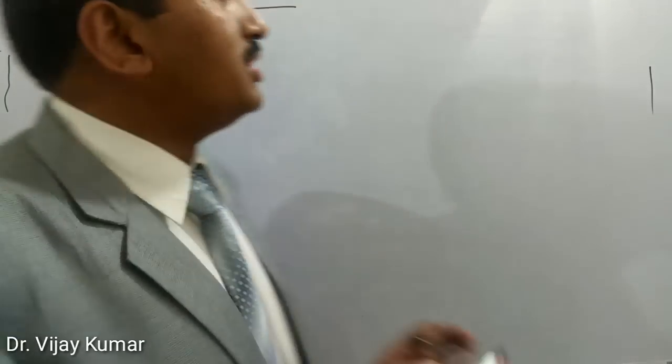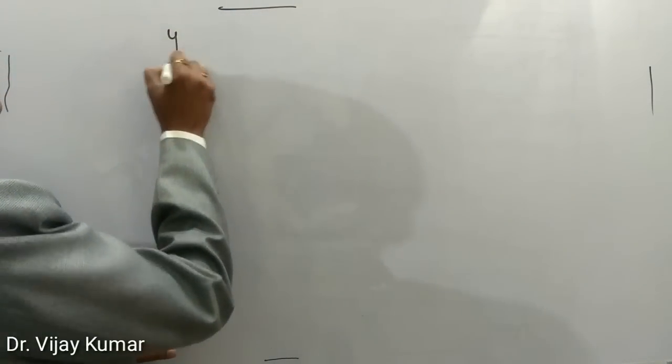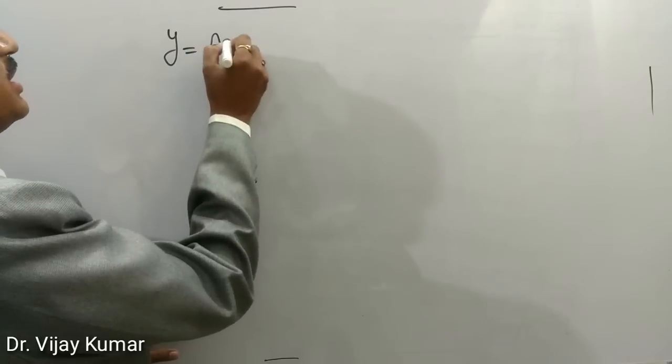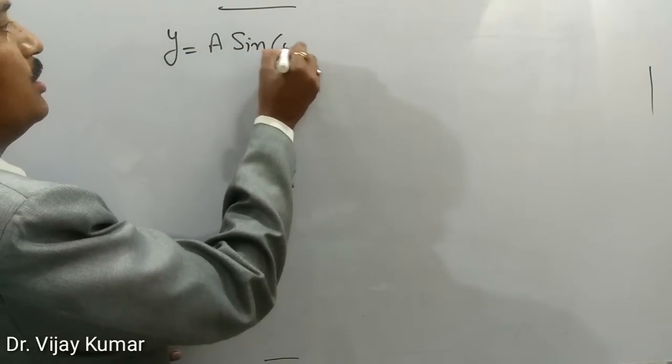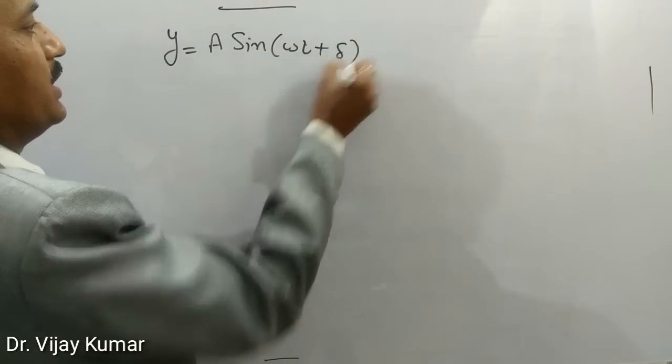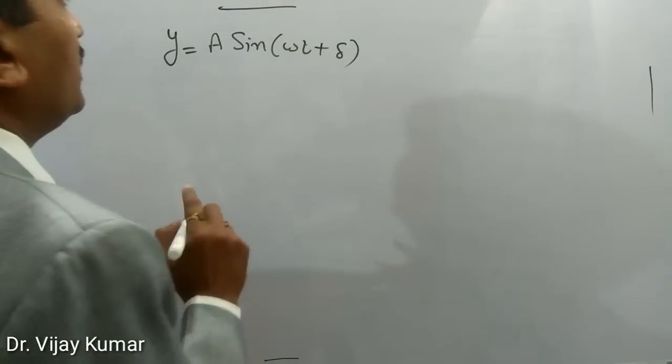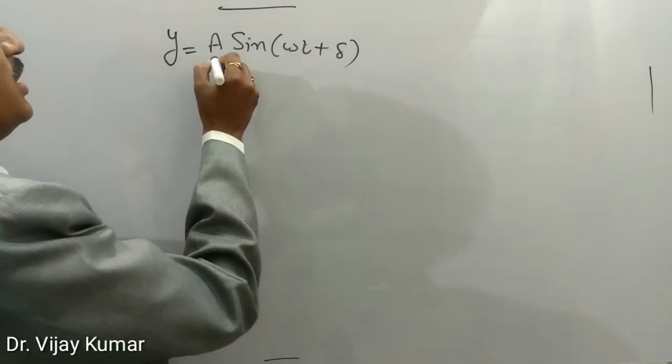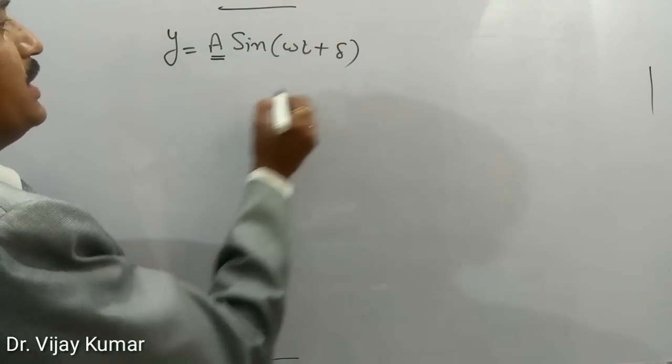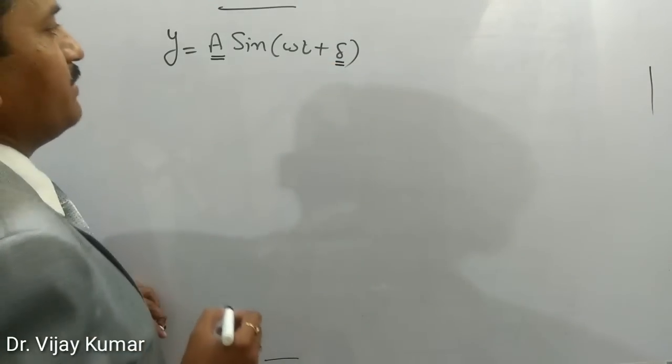In the previous video, we have learned that the equation of the resultant wave is y equal to A sin(ωt + δ). We derived it in the last lecture, in which capital A represents the resultant amplitude and δ is the phase difference.